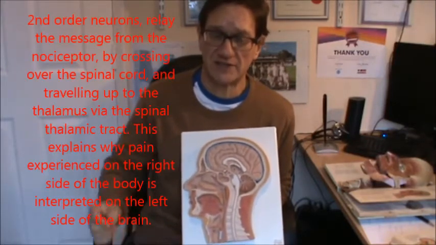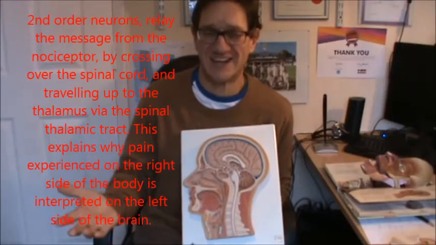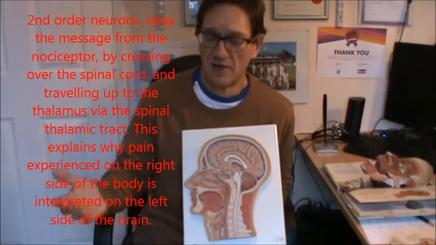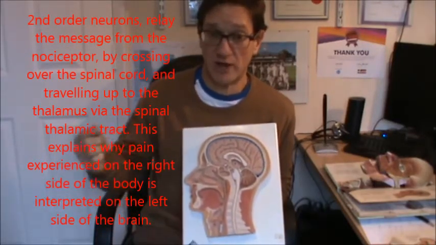And what it does, so let's assume that the pain was on the right hand side of the body. That incoming nerve will enter the right hand side of the posterior aspect of the H-shaped horn, known as the dorsal horn. The second order neuron will then cross over, so it takes that pain message when substance P is released.